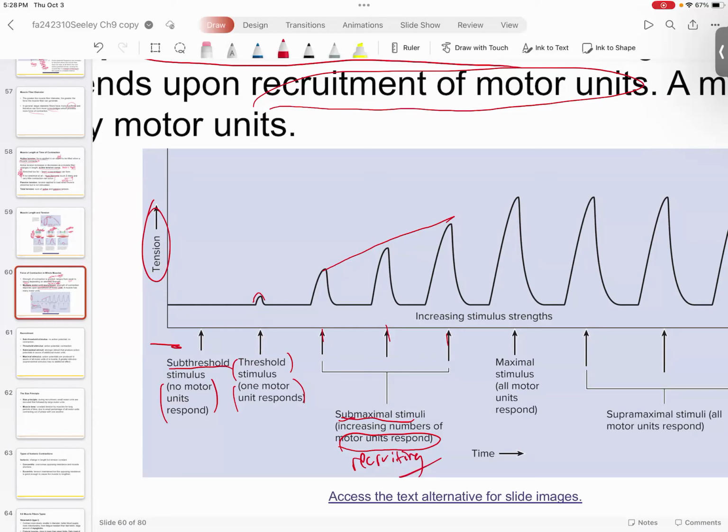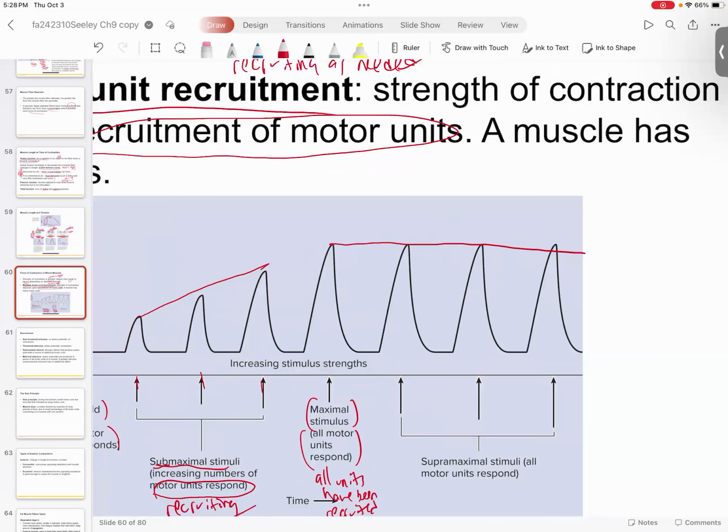And as you increase your stimulus, then you're going to get to your peak. That's going to be your maximal stimulus where all your motor units have been recruited. And at that point, you basically are going to see the same contraction at the same level.